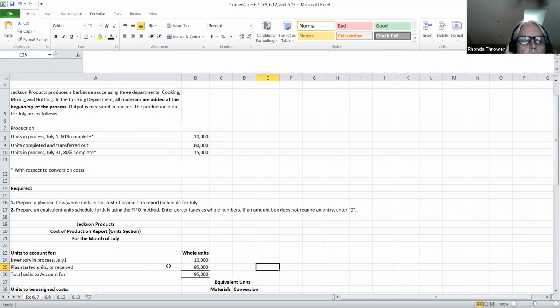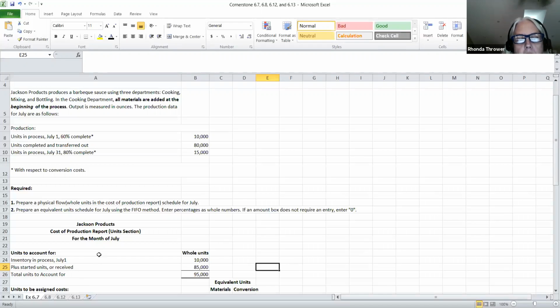And then what we have to do is find the units that are started or that might be received in from a previous department. Since I didn't know what department we're preparing this for, and by the way, a cost of production report would be prepared for each department separately. You might remember that when we talk about a process cost accounting system, each department has their own separate work in process account.